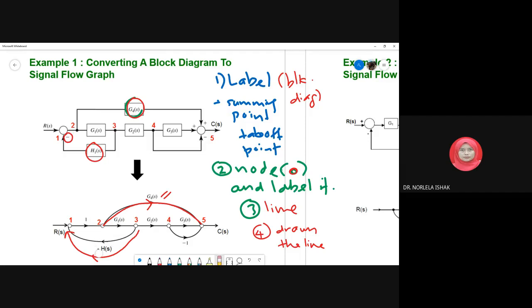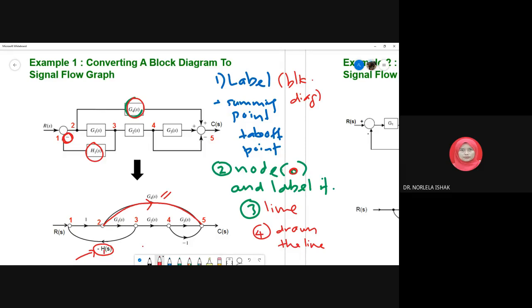So we label minus H1, because minus, we read from here, okay class, we bring back here, we get minus here, and then this is the H1, betul tak? Ini H1, okay, minus H1.